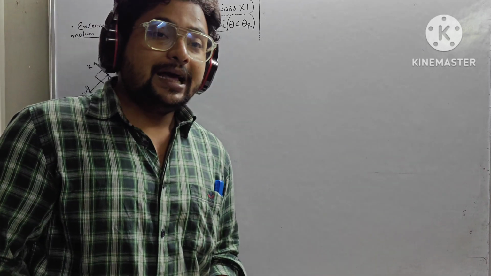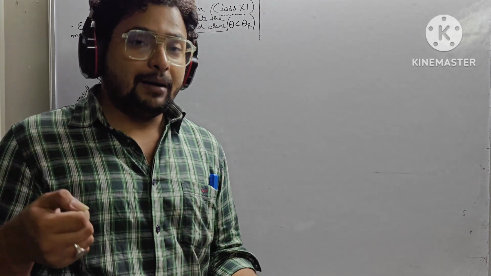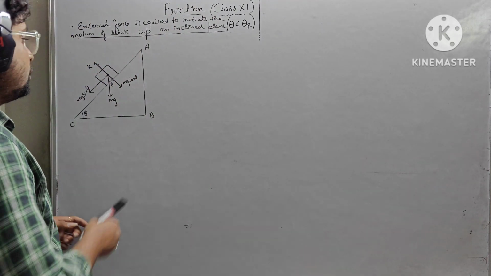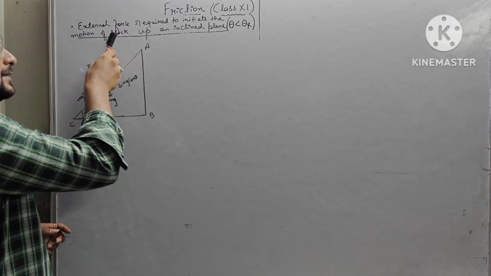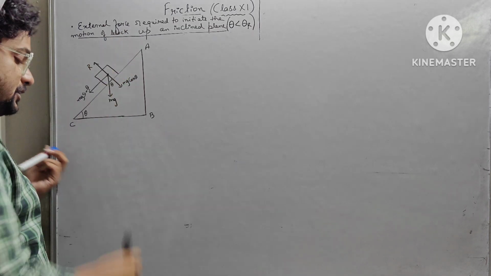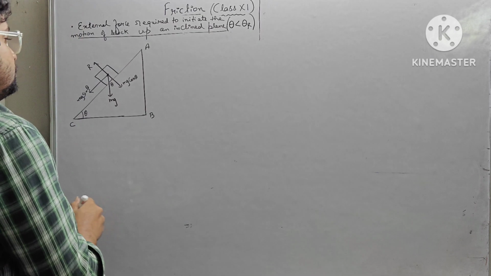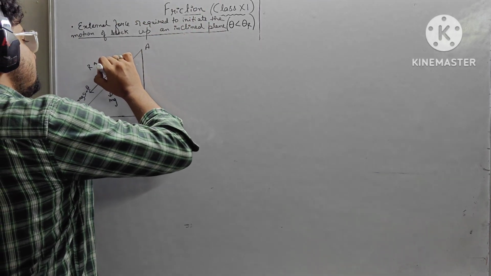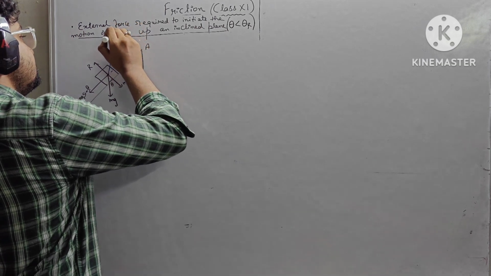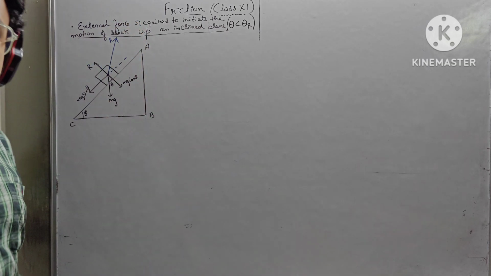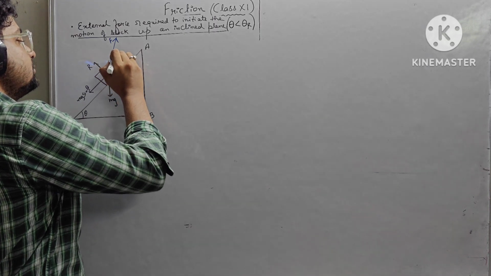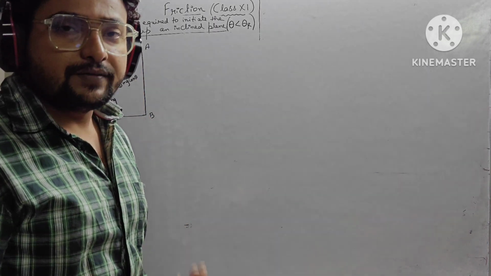But what will happen if I want to pull the block up? If I want to pull the block up, I have to apply a force in this direction. Suppose I am applying the force F in this particular direction, and this angle is beta, since previously I considered alpha.